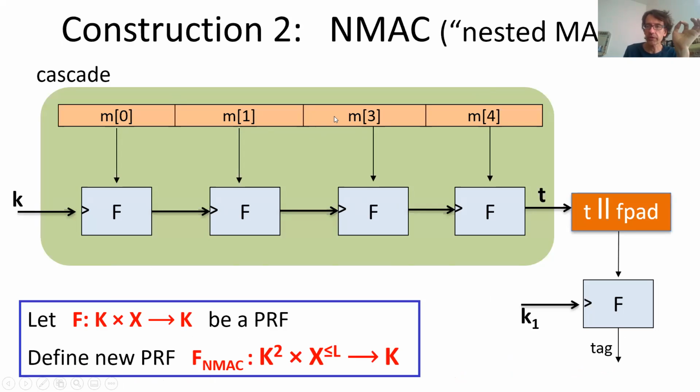So if all you're doing is MACing a fixed number of blocks, so messages, not rounds, blocks. If you're only MACing, rather than general sequences of length up to L, you're MACing only exactly sequences of L, then the extension attack does not work, right?